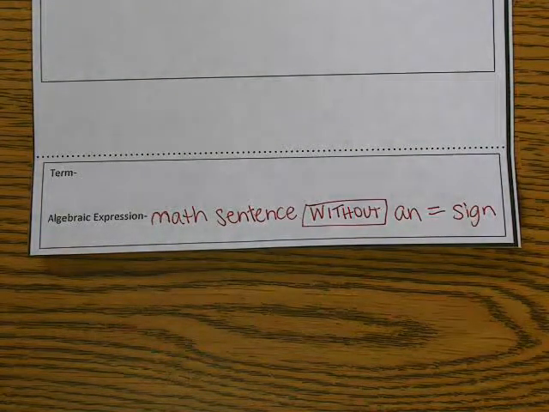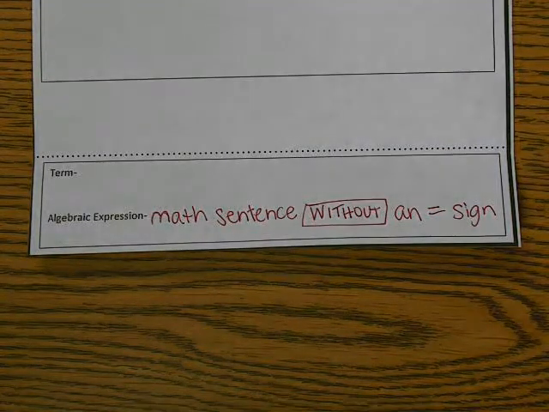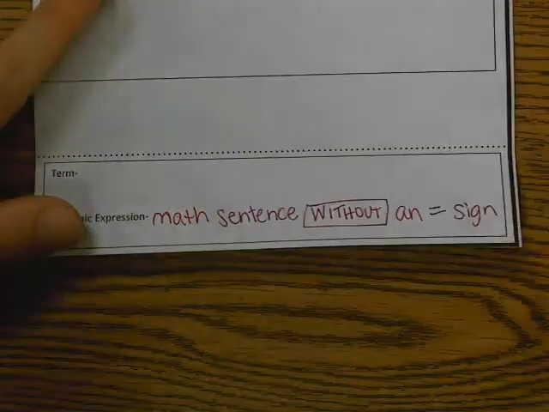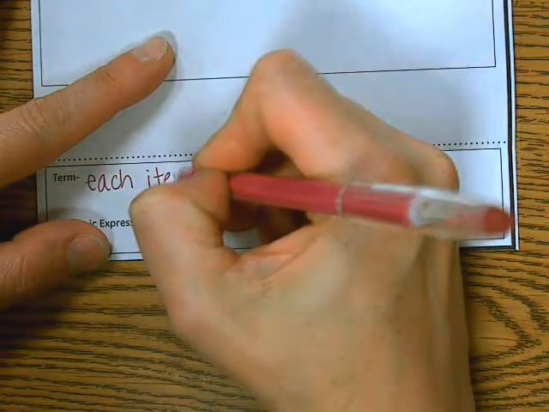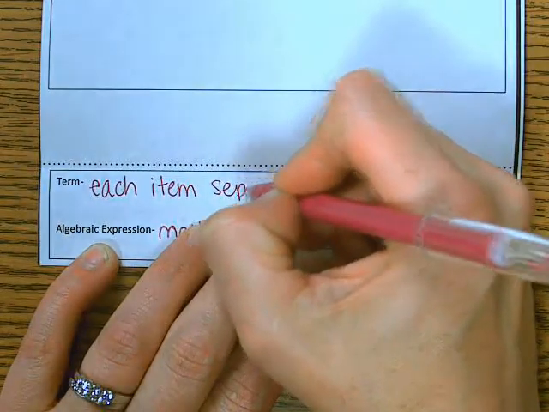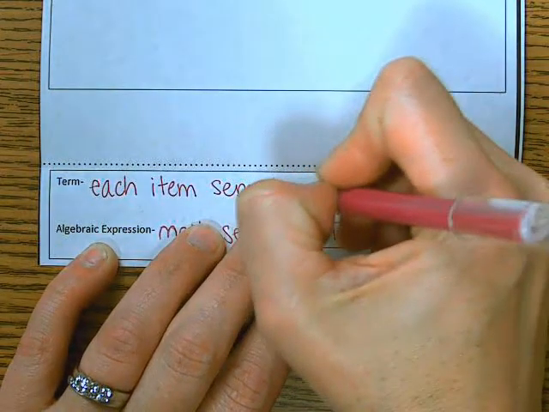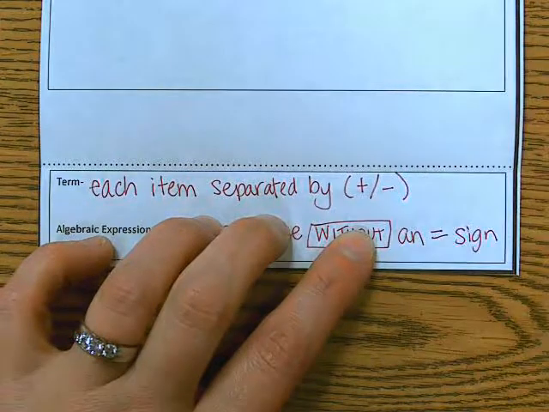The next thing we need to know about is the word term. And a term is each item that is separated by plus or minus signs. Each item separated by the plus or the minus sign.